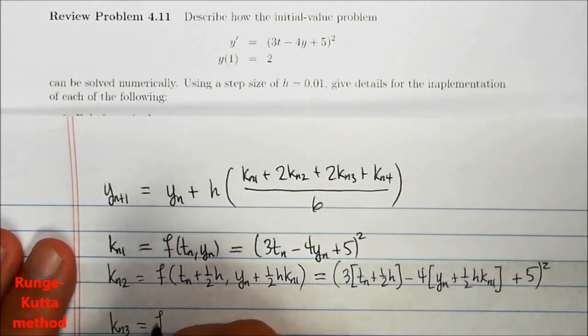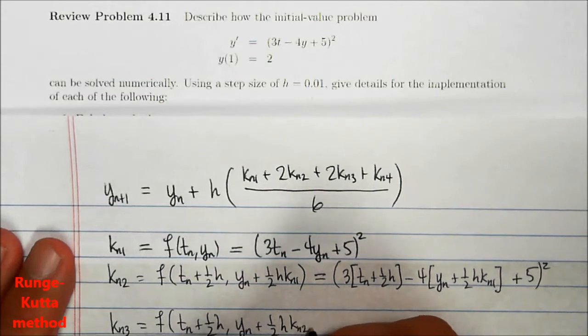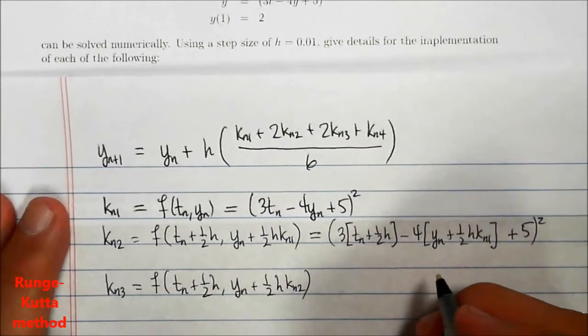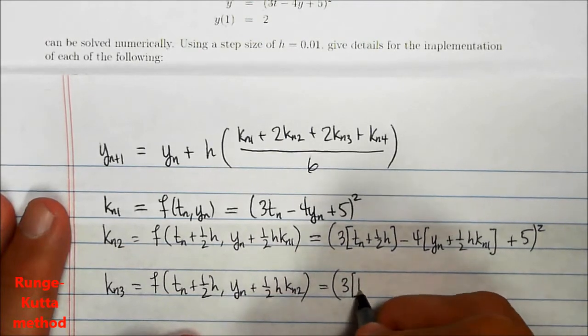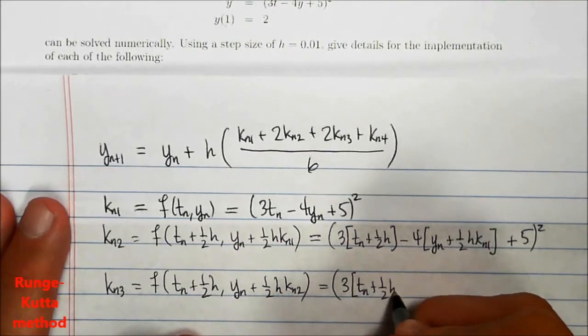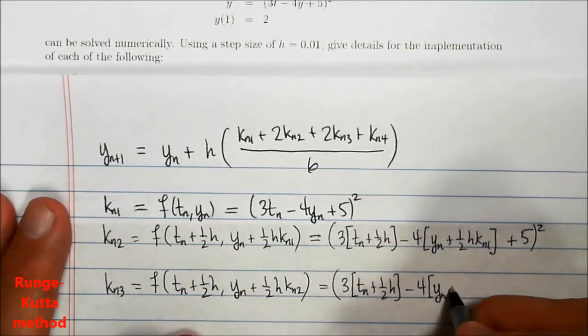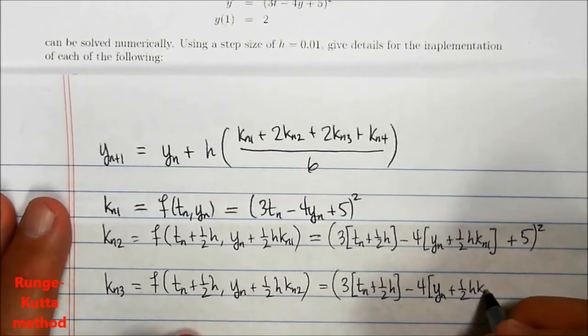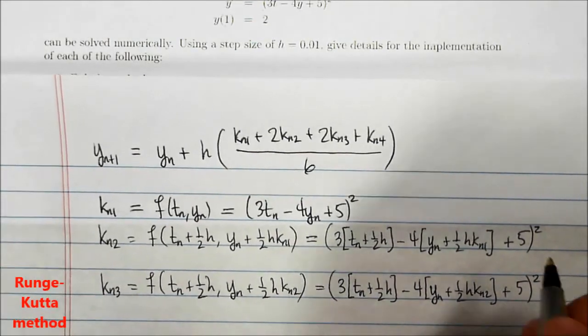Kn3 is going to be very similar to Kn2, except the last term is 1/2 h Kn2 instead of Kn1. And so in this problem, that's 3 times t sub n plus a half h minus 4 times y sub n plus a half h Kn2 plus 5 squared.